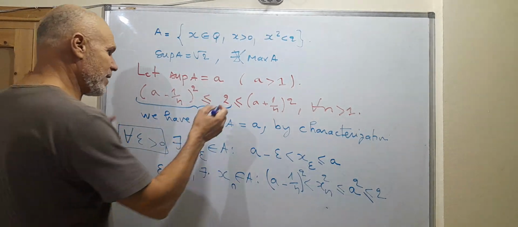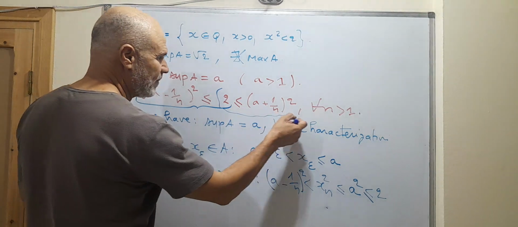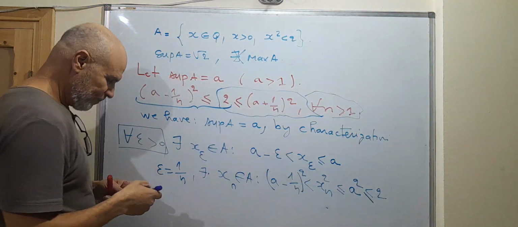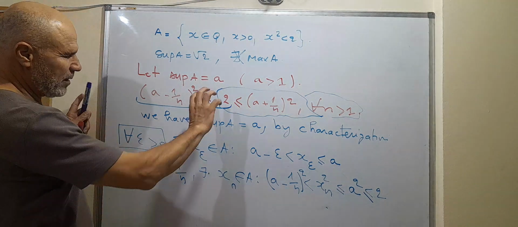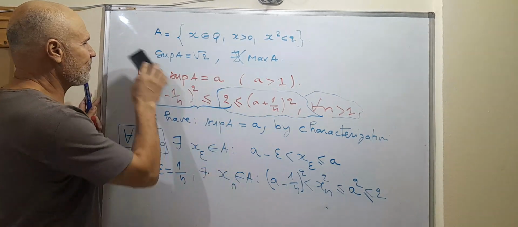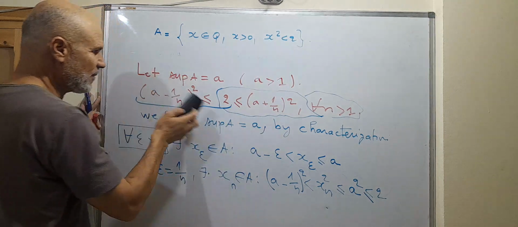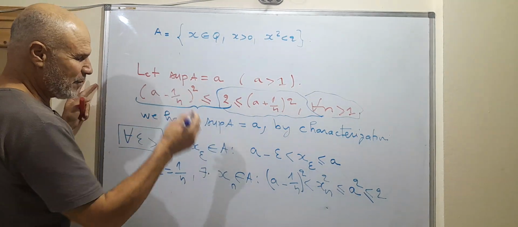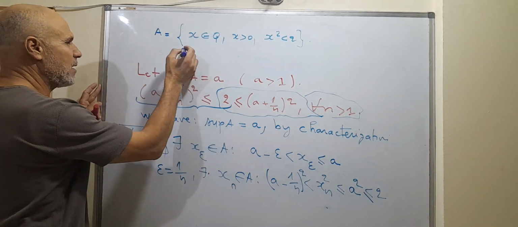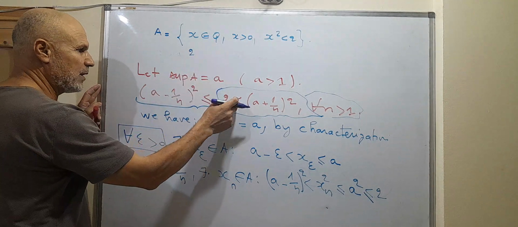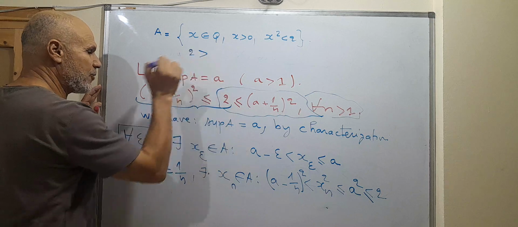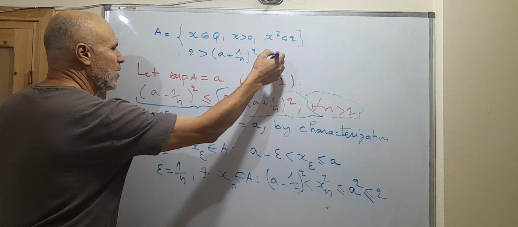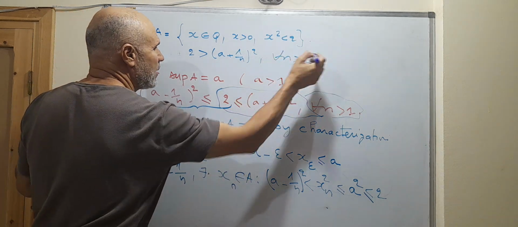Let us deal with this one. We suppose by contradiction that this is not true. This means that 2 is strictly greater than a plus 1 over n square for any n greater than 1.